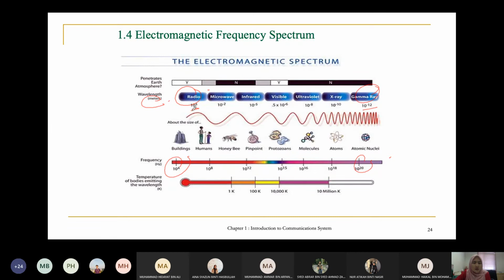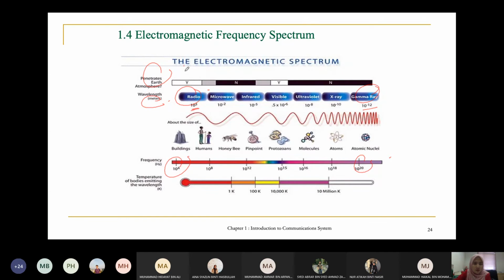Gamma ray is about the size of an atomic nucleus. In terms of temperature, gamma ray is emitting a higher temperature compared to radio wave. From this figure you can also see whether the signal can penetrate through Earth's atmosphere.